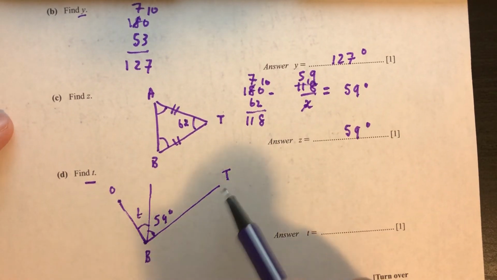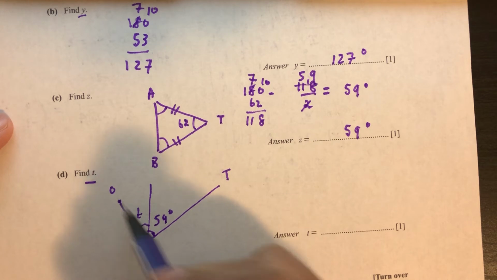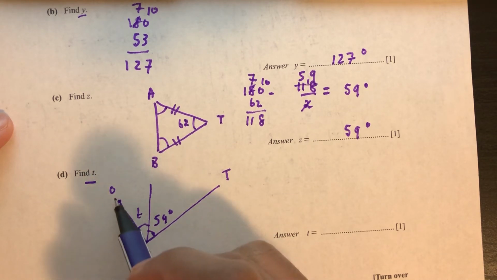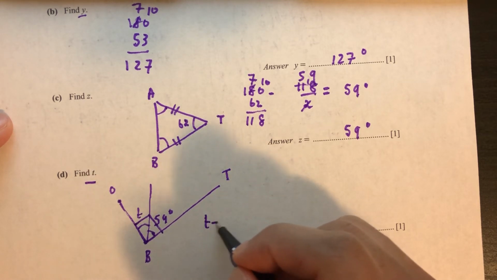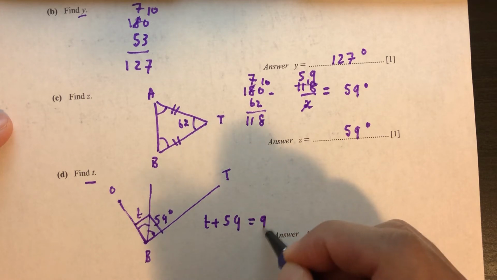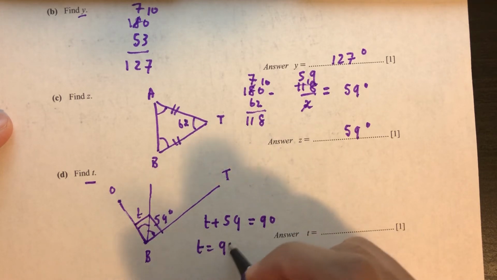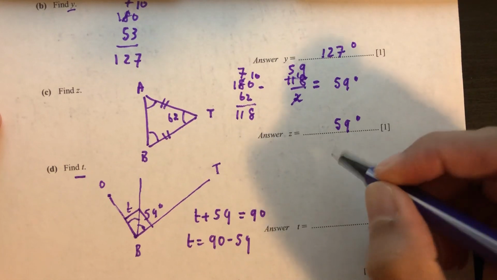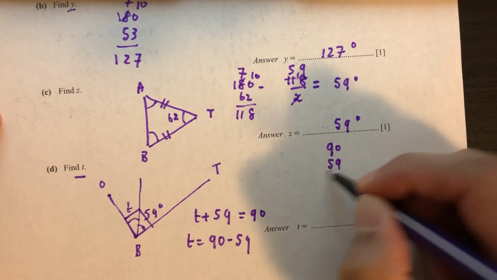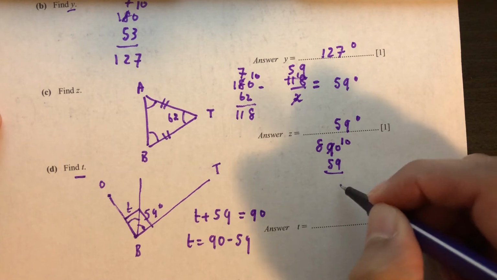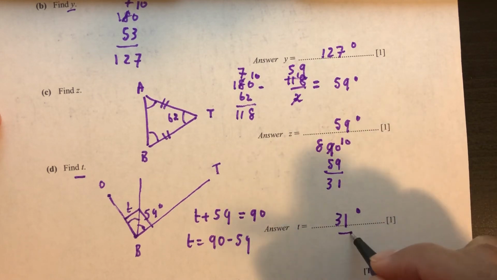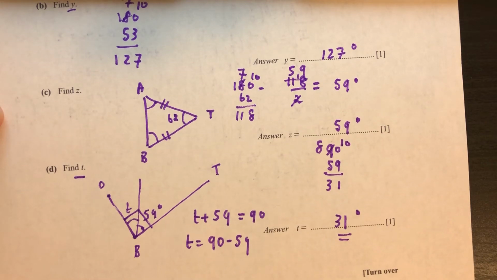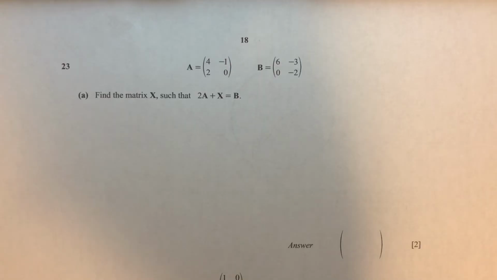So the rule is that anything that touches the surface and joins to the center, this angle will be 90 degrees. So T plus 59 is 90. So T is 90 minus 59. T will be 31 degrees for this value. And that's everything for this question.